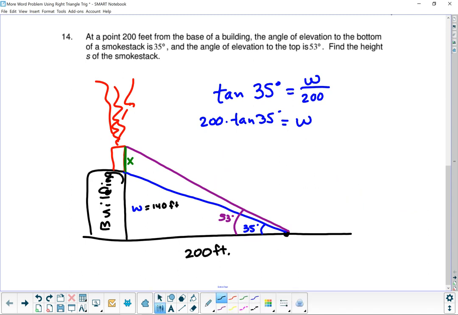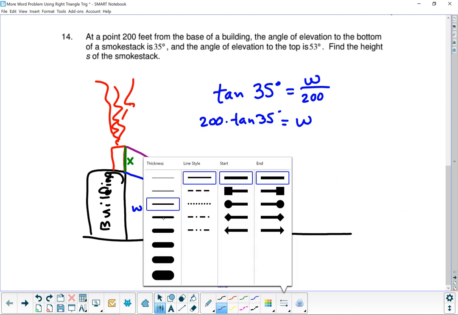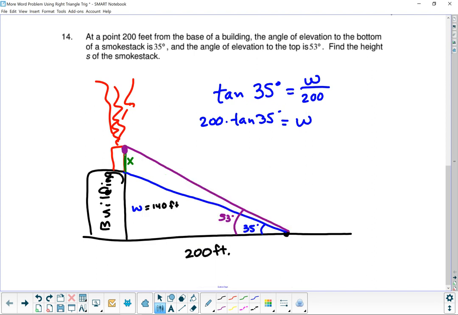Now let's look at a bigger triangle here. This will be utilizing the purple angle, the 53 degrees.